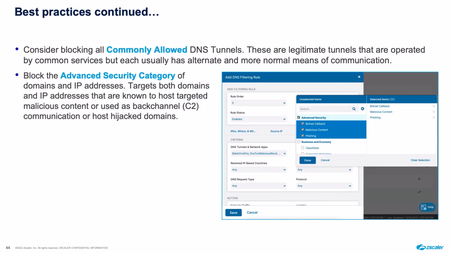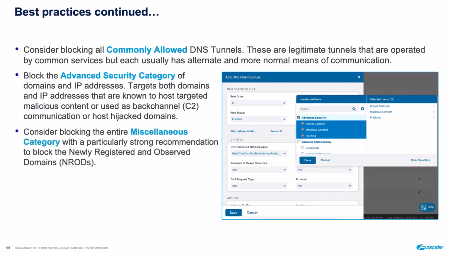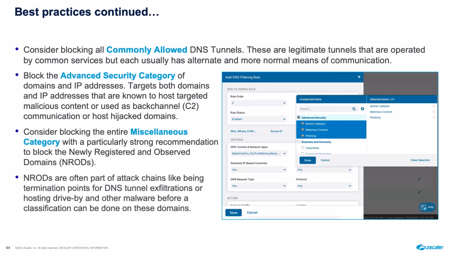The miscellaneous category of URLs is something we strongly recommend blocking, along with newly registered and newly observed domains, because oftentimes problems happen when the miscellaneous URL category is allowed. It's recommended to either leverage remote browser isolation to handle the miscellaneous category, or combine it with blocking newly registered domains and newly observed domains.